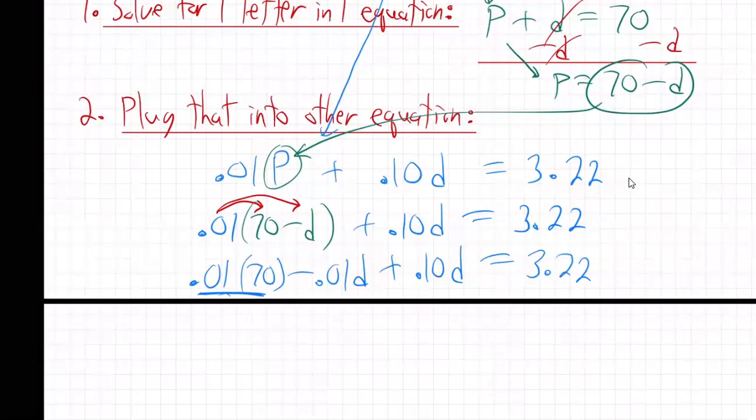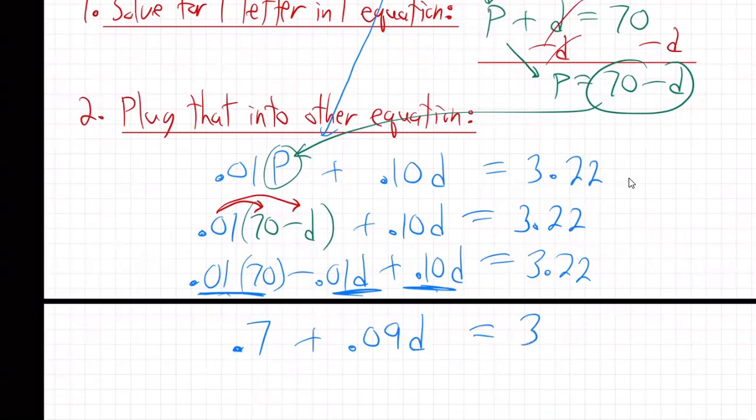And then these guys, use your calculator, these guys will multiply to be 0.7. And then these guys right here will combine as like terms to be plus 0.09 D. You see what happened there?